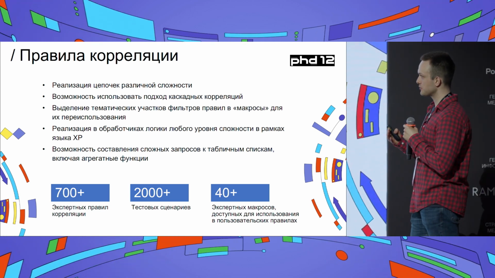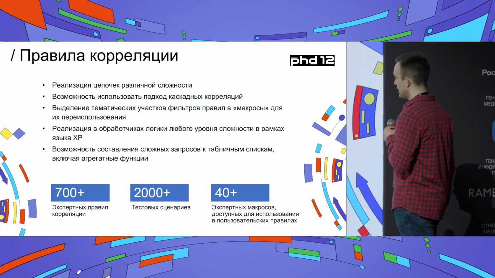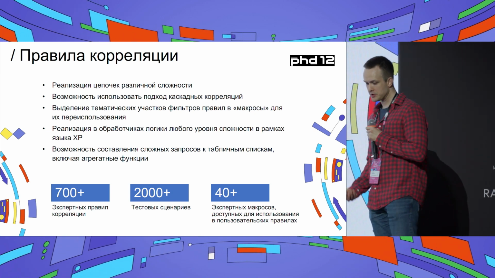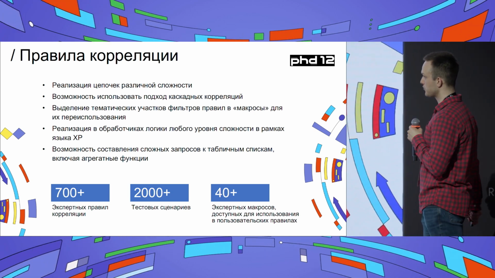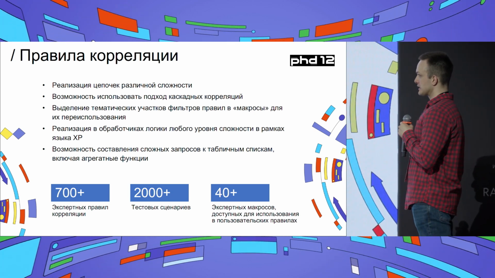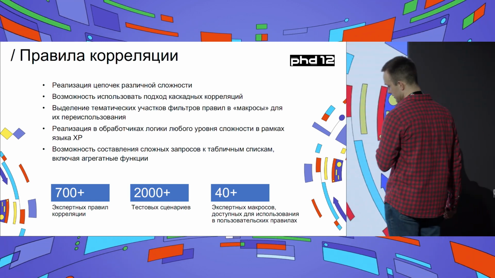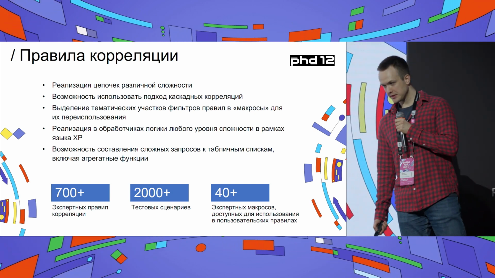It will look like subsets of rules that can be identified by higher level rules. We can also use macros to reuse the code without generating too many rules. We can also implement logic of any level of complexity within the XP language.